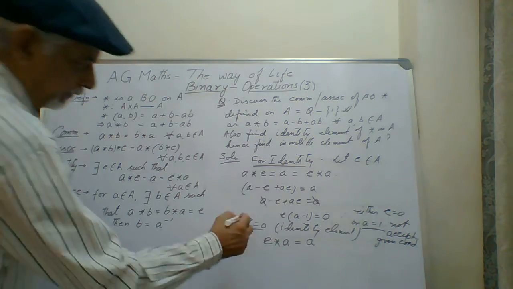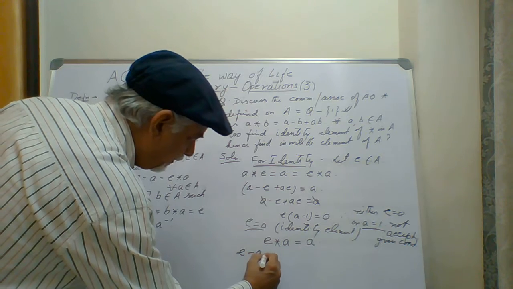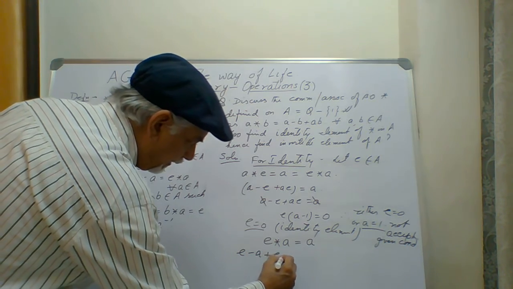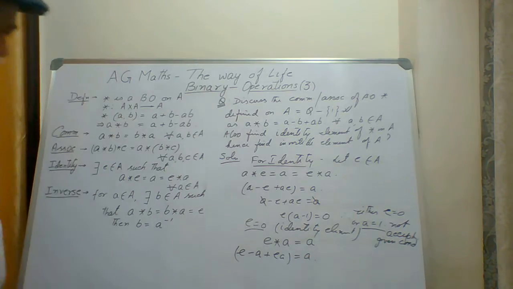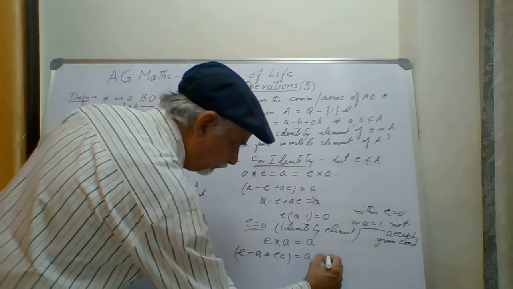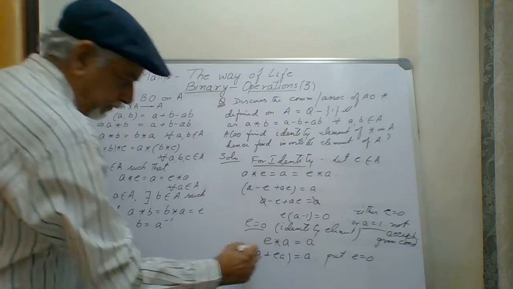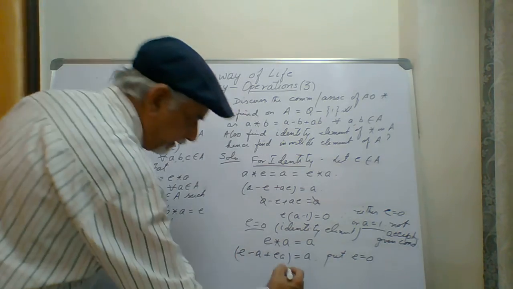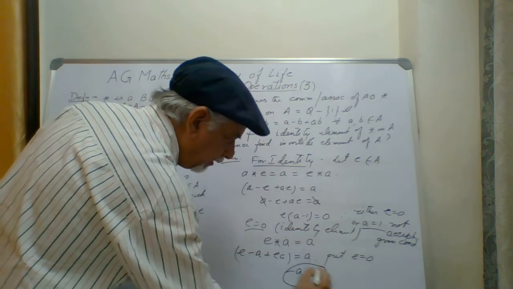So we write here E minus A plus EA should be equal to A. When you solve, putting E is equal to 0 here, then what we get is minus A is equal to A. Absurd.